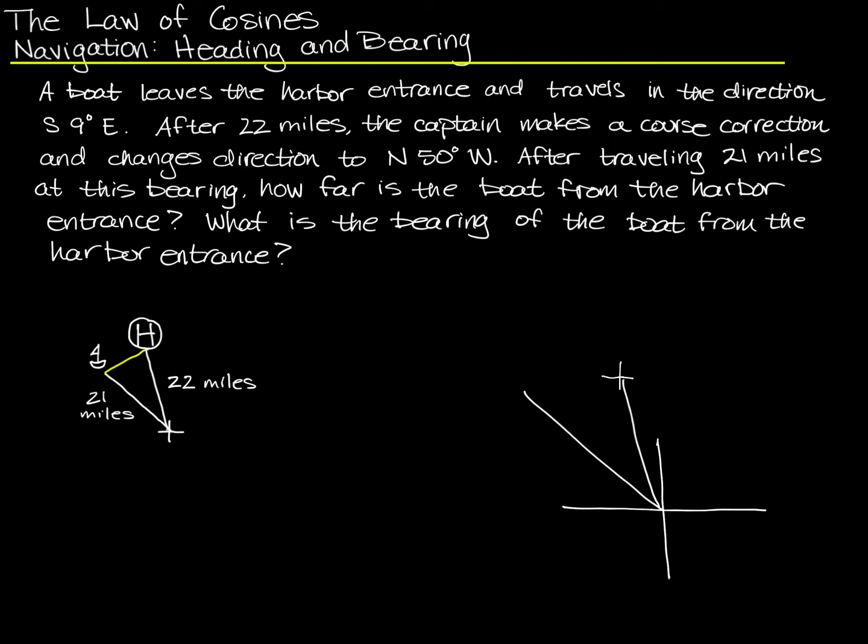And if I take that horizontal and vertical, the vertical specifically, and kind of draw it in, you'll notice that this was our 9 degrees. We came in from here, south 9 degrees east. So this is a 9-degree angle right here.